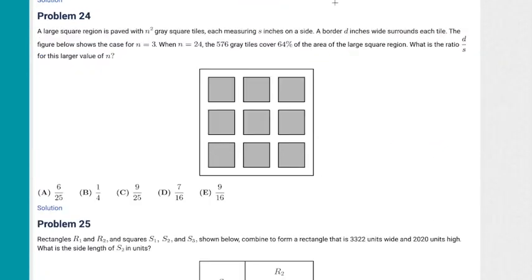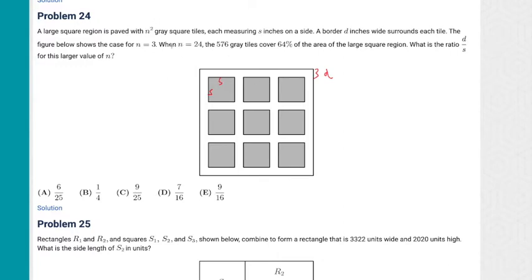B. 24. A large square region is paved with n squared gray square tiles, each measuring s inches on a side. Alright, so this is S, I guess. A border d inches wide, so this is the border, d, surrounding each tile. And the figure shows the case for when n equals 3, because I guess there's 9 squared tiles, 3 squared.